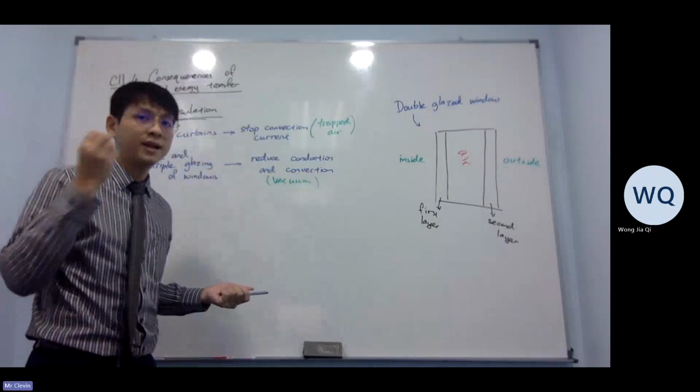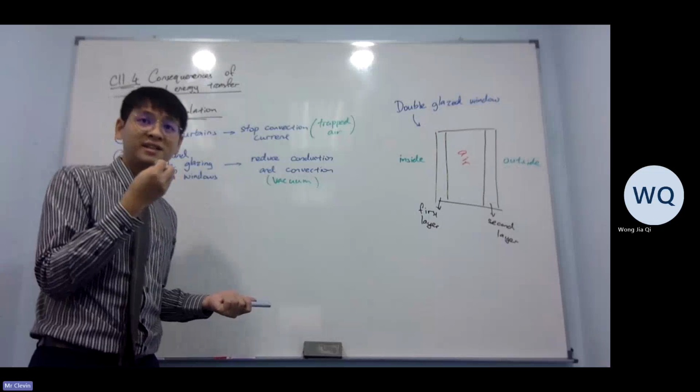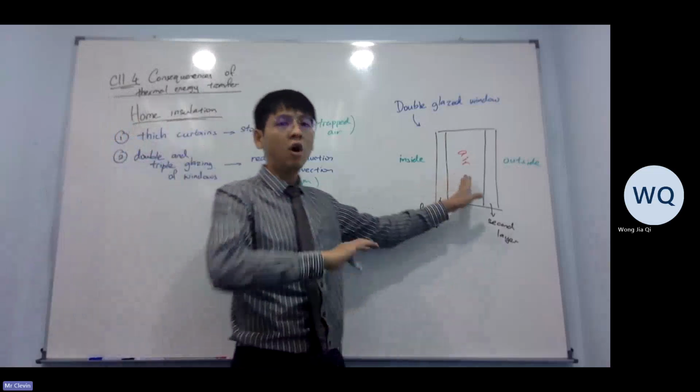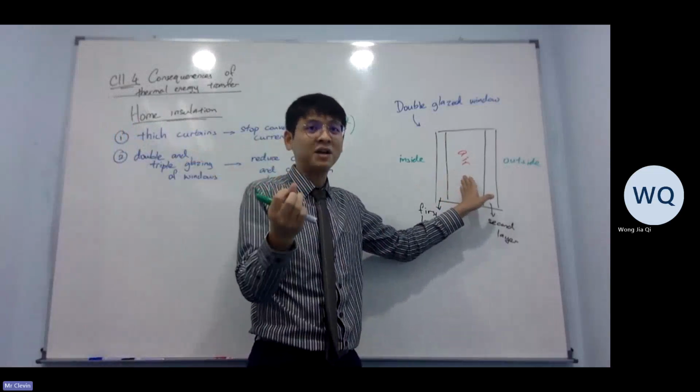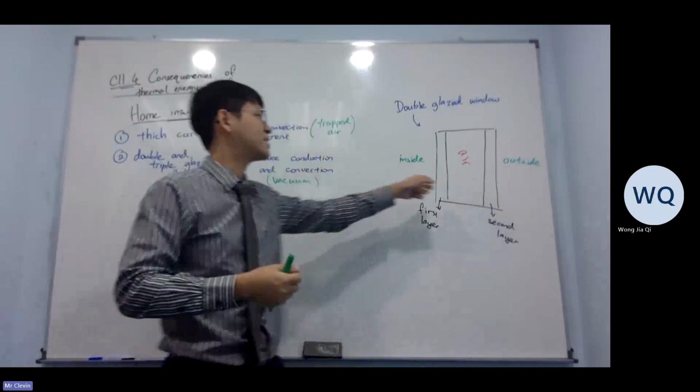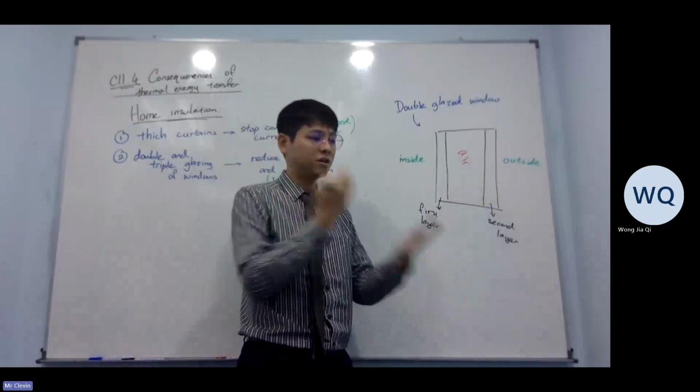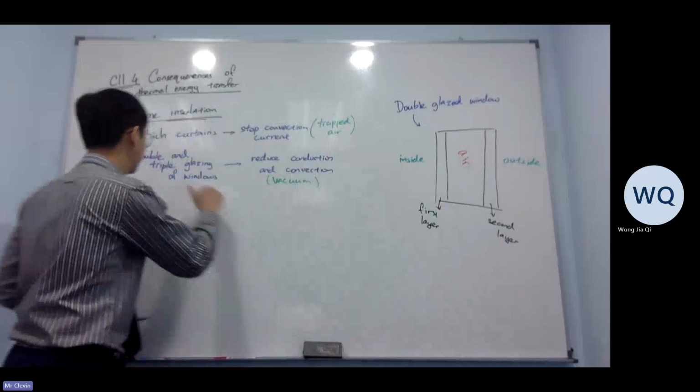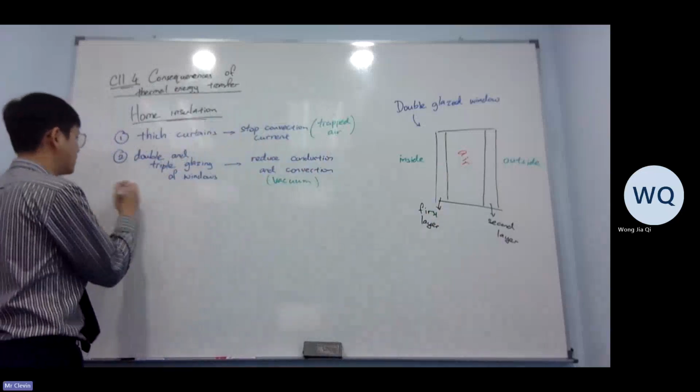Why is it a vacuum? Fewer air particles. For conduction, we need particles or molecules to vibrate to pass energy from one to another. So whenever there are fewer air molecules, the heat cannot go through. So that will be the second component.